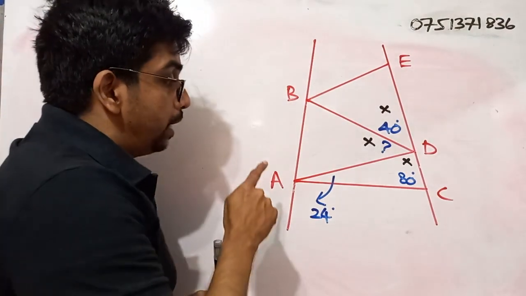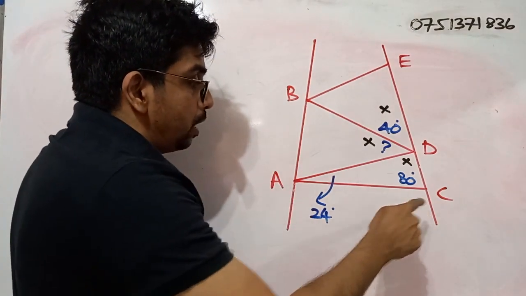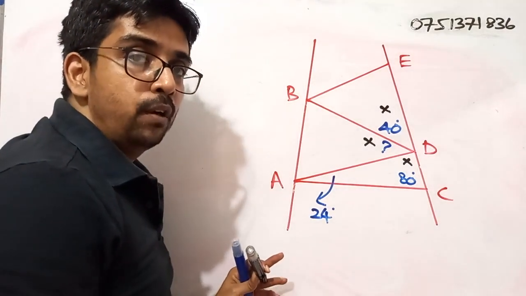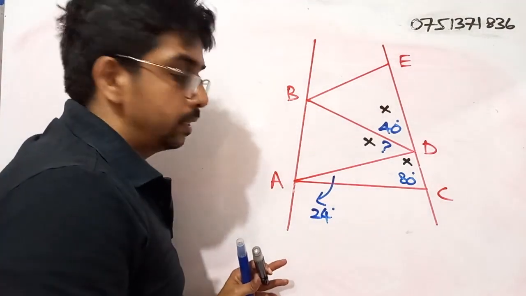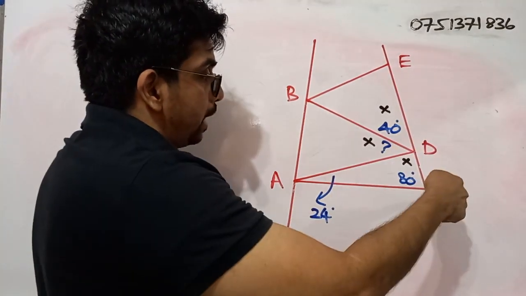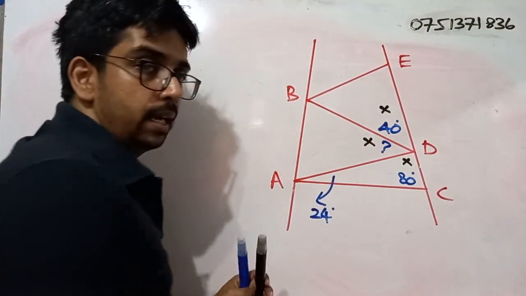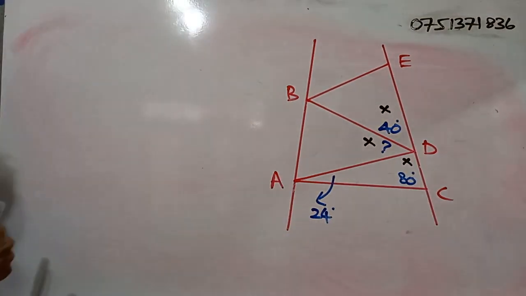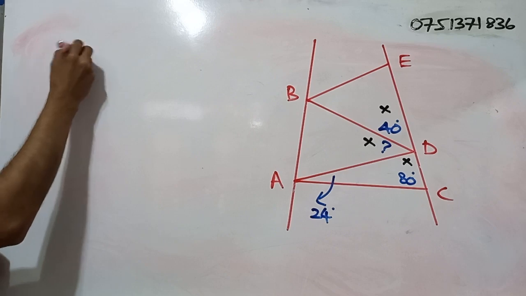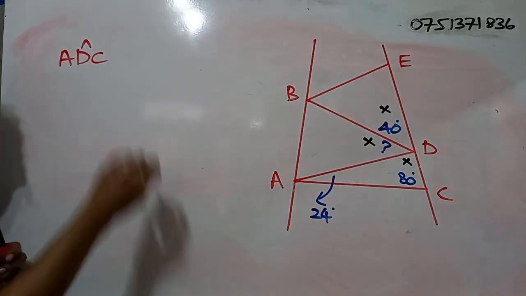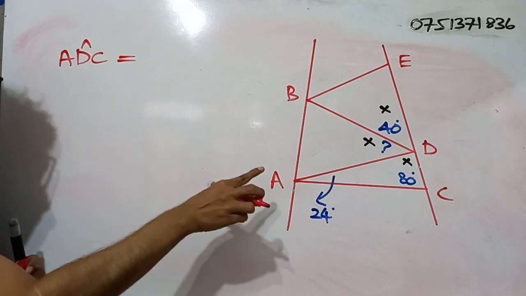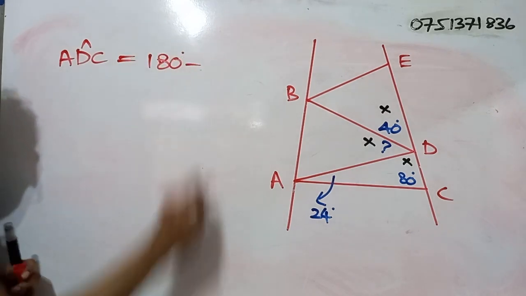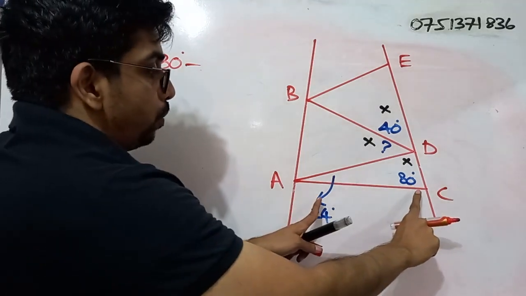Why? If we consider the triangle ADC, we know the magnitudes of two internal angles, DAC angle and DCA angle. So what is the magnitude of ADC angle? The sum of internal angles of a triangle is 180, minus these two angles.